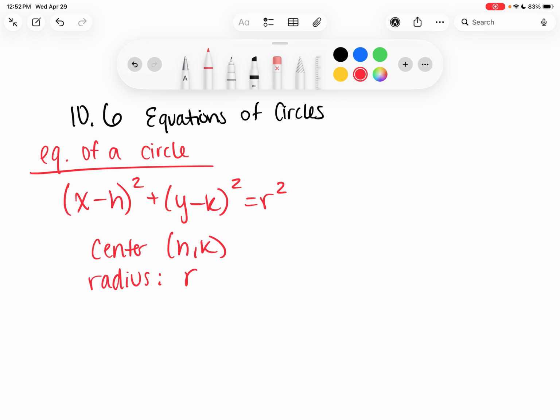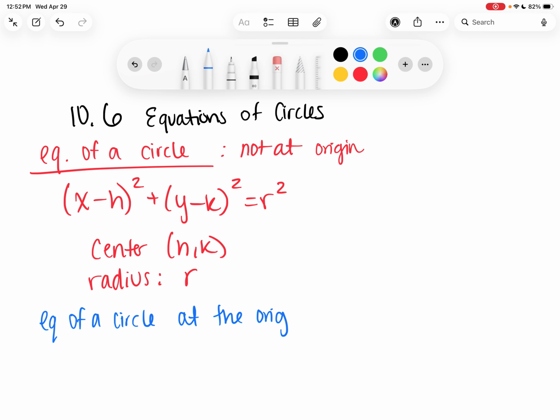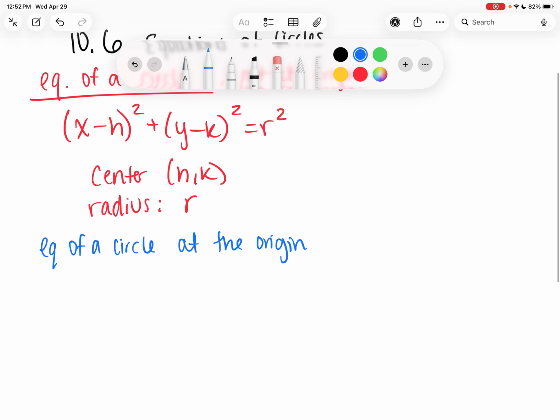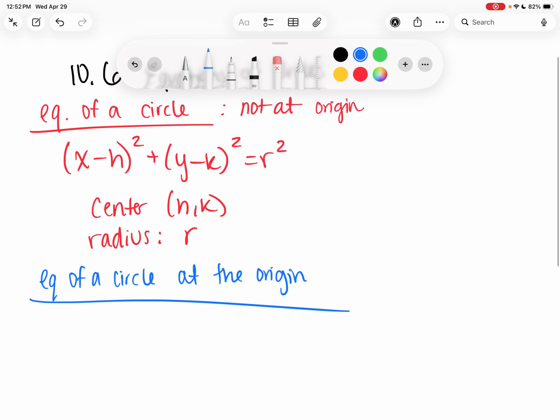So this is for one that is not at the origin. For the equation of a circle at the origin, that is just x squared plus y squared equals r squared.